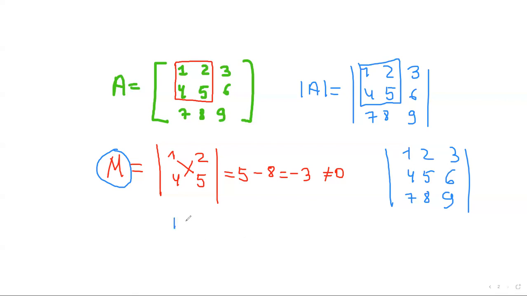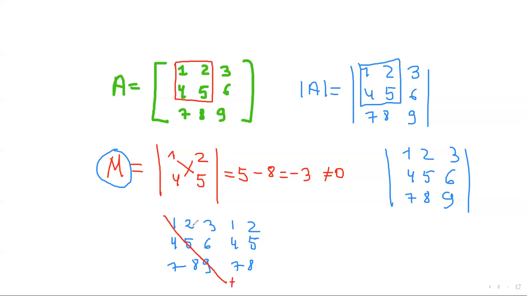The idea of this method is like this: 1, 2, 3, 4, 5, 6, 7, 8, 9. We put two columns next to our determinant. What we do next is mark the positive signs.